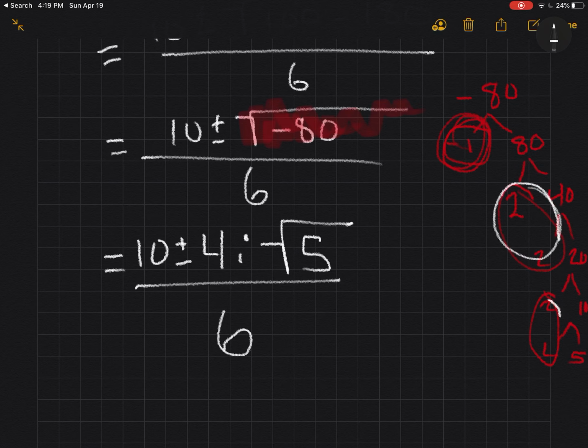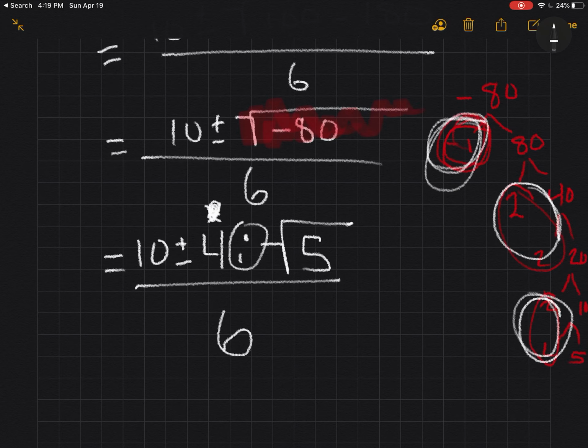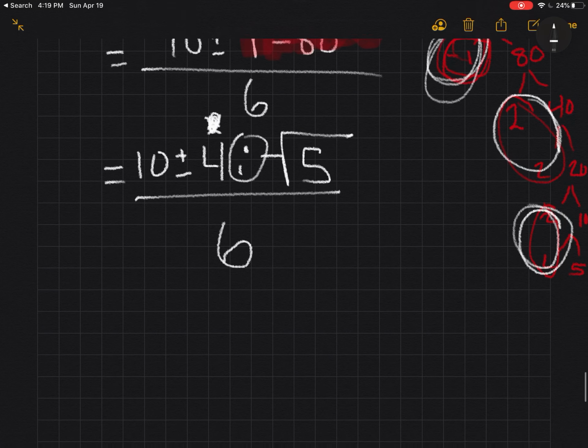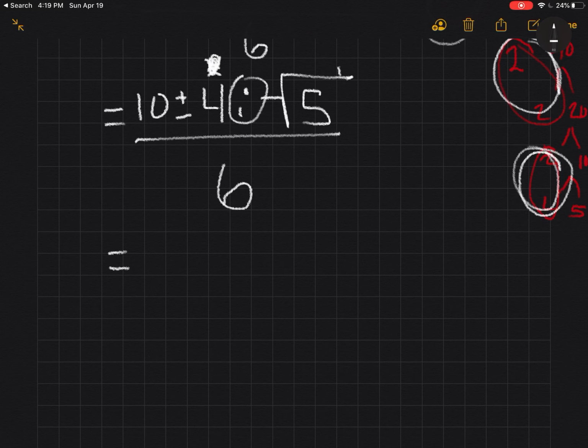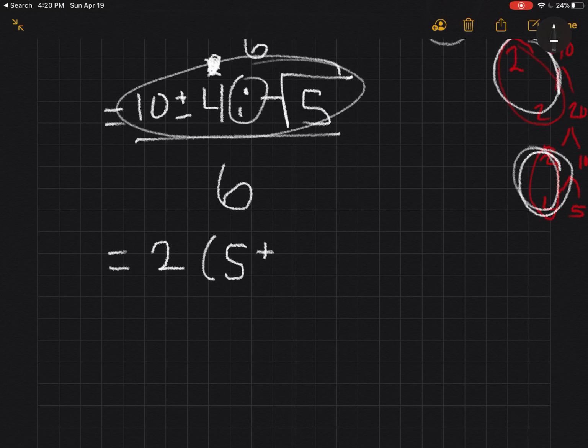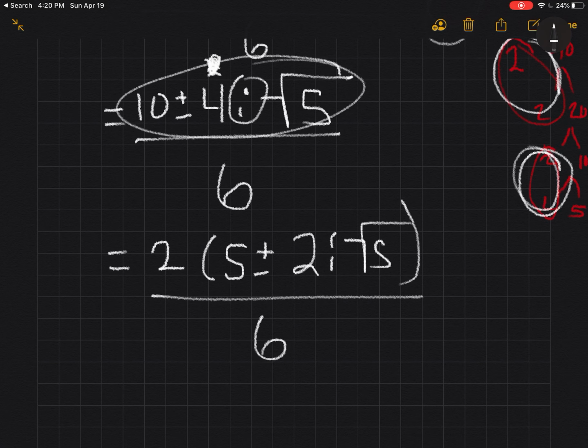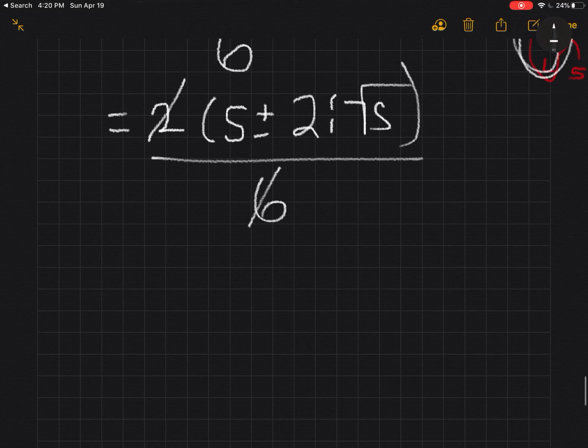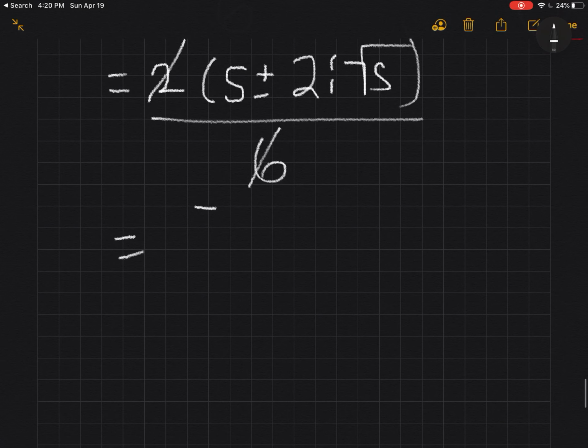So then what we get here, if I substitute this back in, is 10 plus or minus 4i square root of 5 divided by 6. The 4 is coming from, I took out 1, 2, and a second 2, and I multiplied those together, and that's where I get this 4. And the i is coming from simplifying the square root of negative 1, which is equal to i.